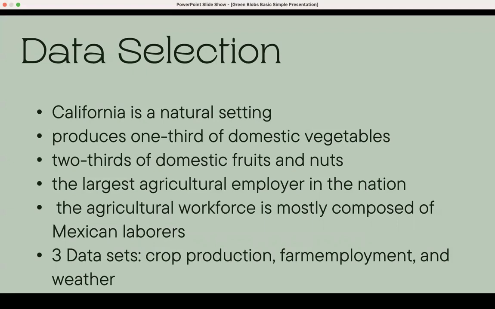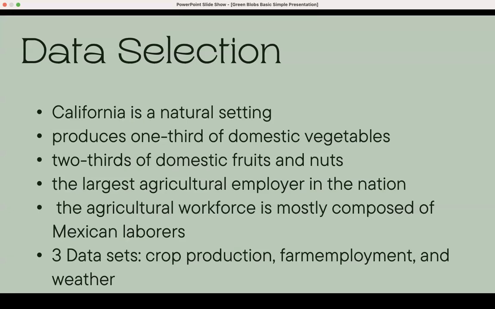Additionally, it's the largest agricultural employer in the nation, with labor expenses accounting for about 1/3 of total U.S. expenditures. Another thing to note is that the agricultural workforce is mostly composed of Mexican laborers, and California is right next door. So this is what we're going to look at.